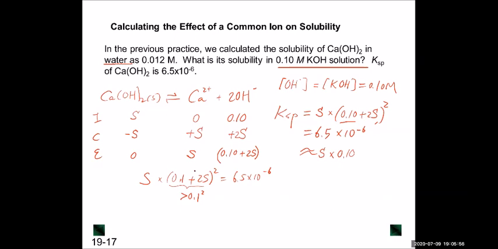And so let's say I divide by 0.1 squared on both. It's not exact. Keep in mind, this is slightly bigger than that.